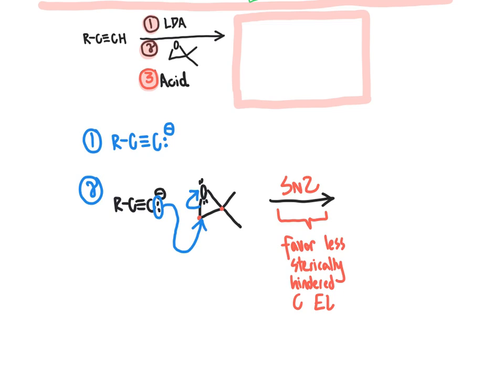Let's go ahead and draw out our product resulting from this. What we started with is our deprotonated alkyne. Now it's formed a covalent bond, which I'll show in blue, over to the epoxide, and I'm going to show what was originally the epoxide in black here. So the attack was on a CH2 group from the epoxide, that CH2 right here on the left that I'm putting a black dot on. That CH2 group was bonded to the next carbon to its right that I have a red dot on.